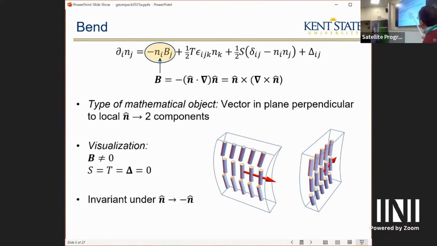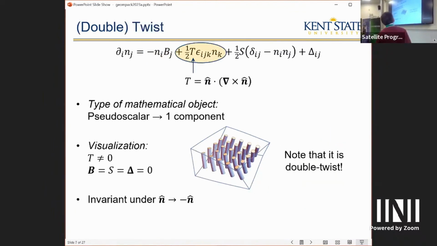Okay, and you can see that the construction of bend has 2 powers of n in it, right? And so it is invariant whether you choose n or negative n, right? So no problem with that issue. Then that's one pair of components.